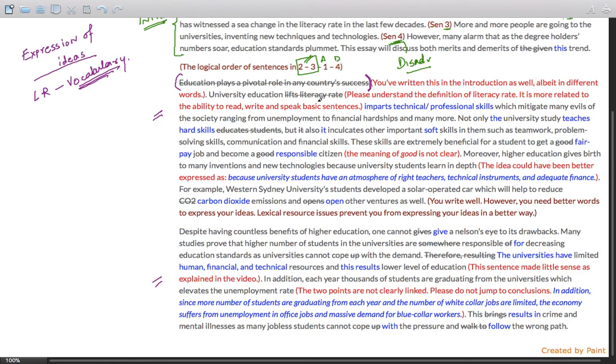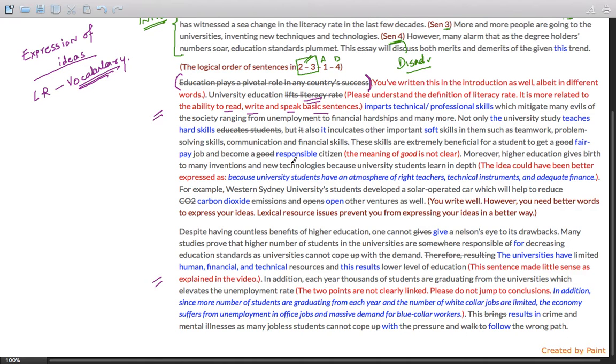University education lifts literacy rate, which mitigate many evils. So it is not clear what exactly you mean by literacy rate. Literacy rate actually refers to a person's ability to read, write, and speak basic sentences.